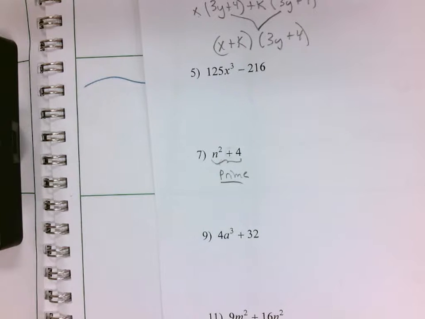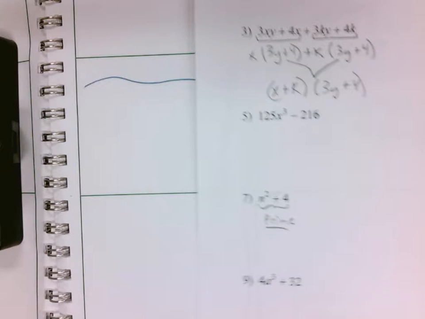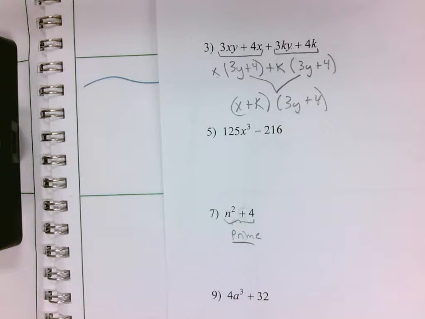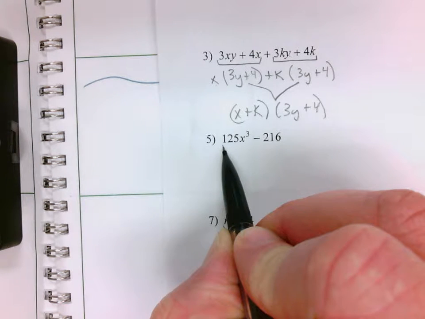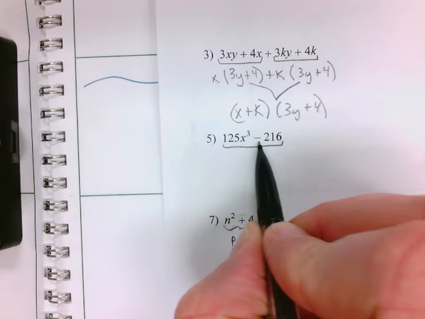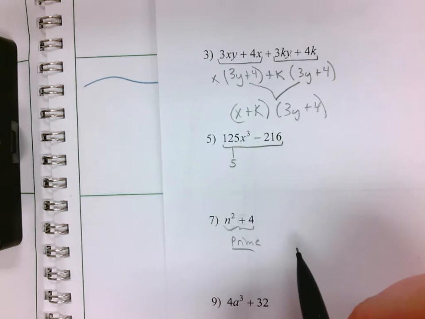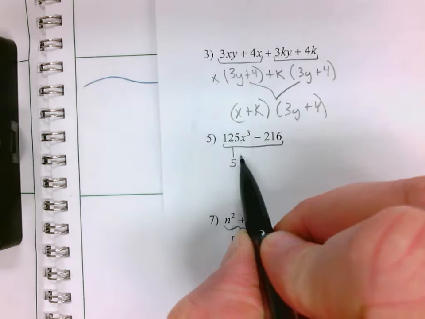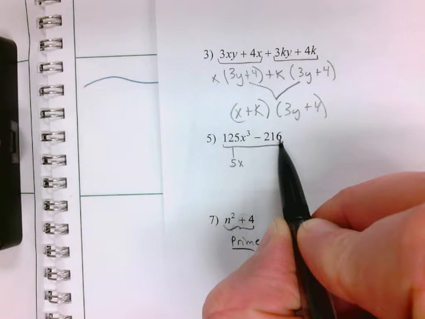Let's do a cube. So I'm looking for something that has two terms that I think are both perfect cubes. Looking here, I know 5 times 5 times 5 is a perfect cube, so 5x, because 5x times 5x times 5x. 216, I'm not sure, and there's a chart I could print for you, but you have a calculator.